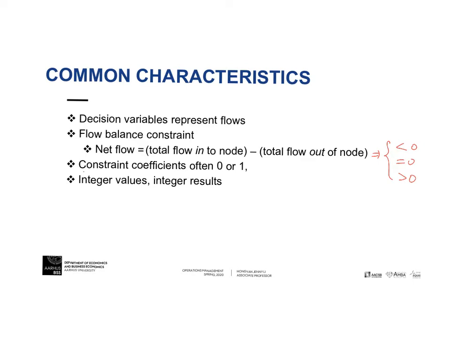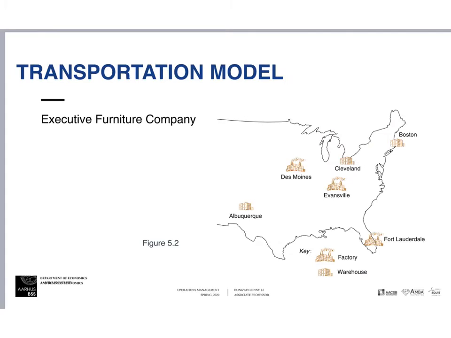And then you have the constraint coefficients, often 0 or 1. That will be shown in the examples later. It's hard to explain now. Then integer values and integer results. Because the network problems normally have a physical meaning or applications, we normally talk about integer units of the items. The simplest network model we will introduce is a transportation model here.